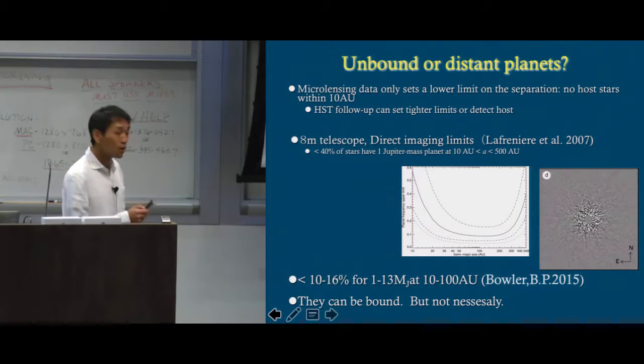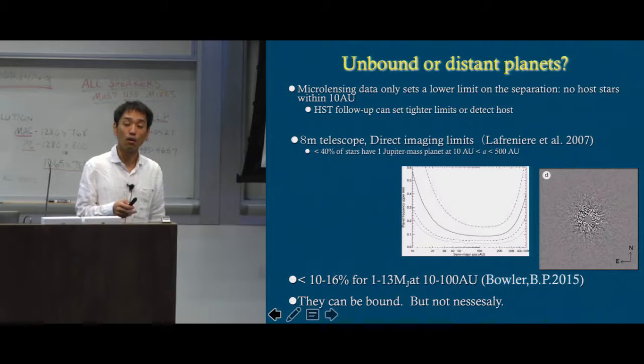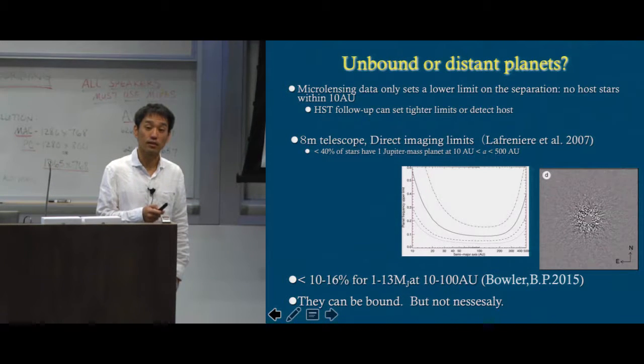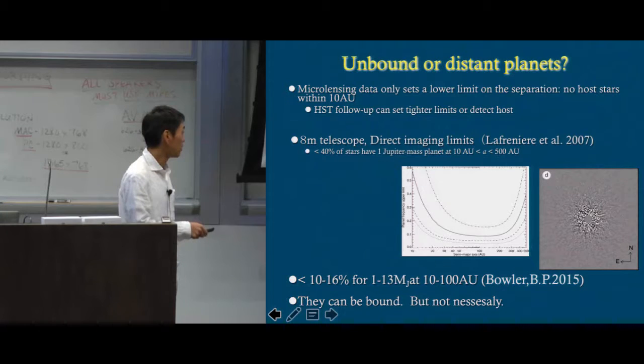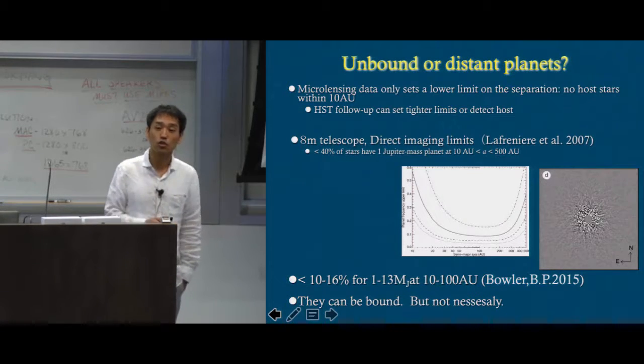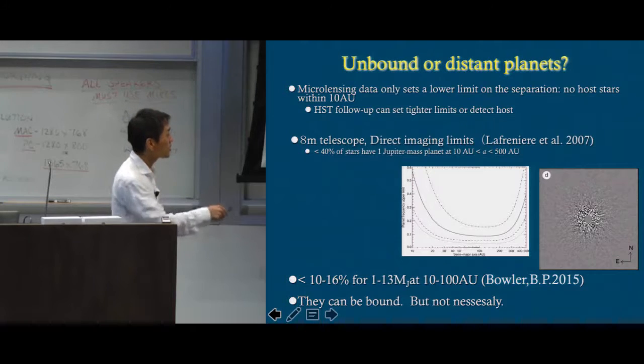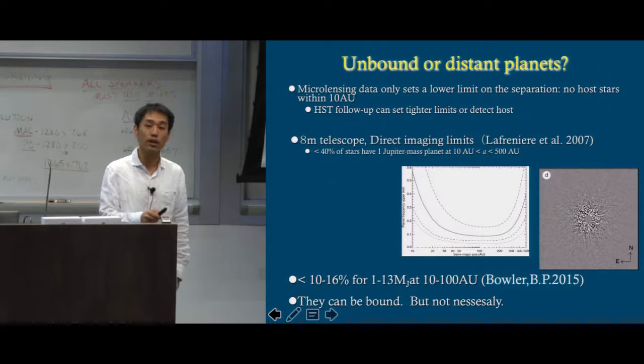So if the best overall result showed about 5% of such free-floating planets, that could all be explained by such wide-separation planets. But these observations are only upper limits. They don't say they exist.